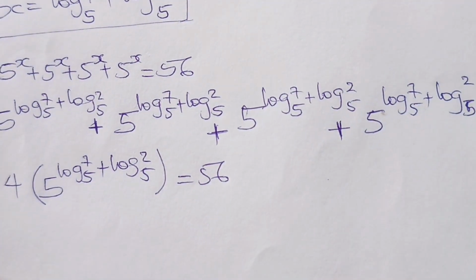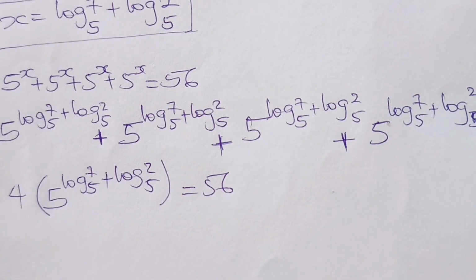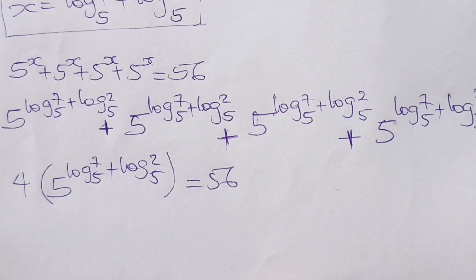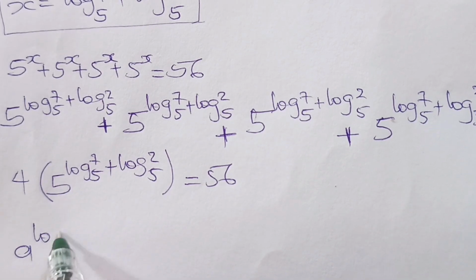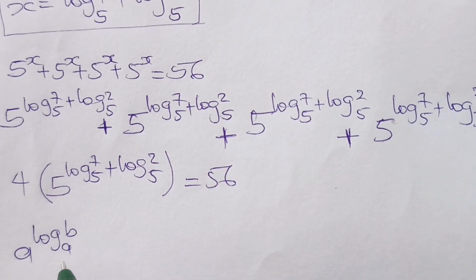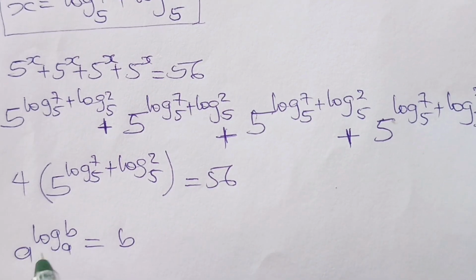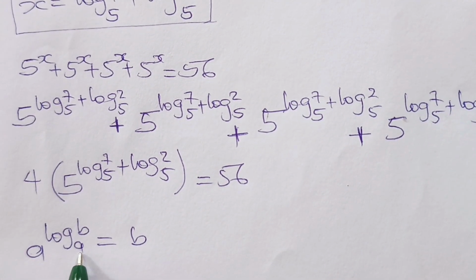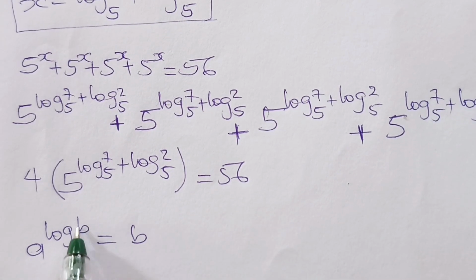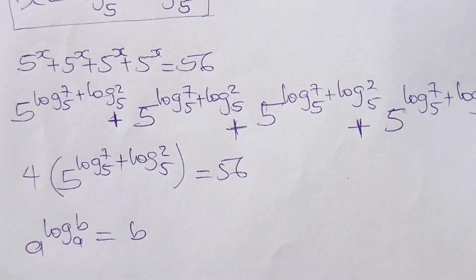Note something: when you have a raised to the power of log b base a, the whole of this is equal to b, as long as this base and this base are equal. There is a proof to that, but there is no time to do it. I don't want this video to be too long.